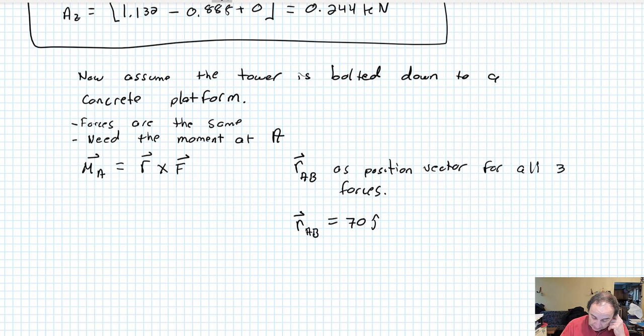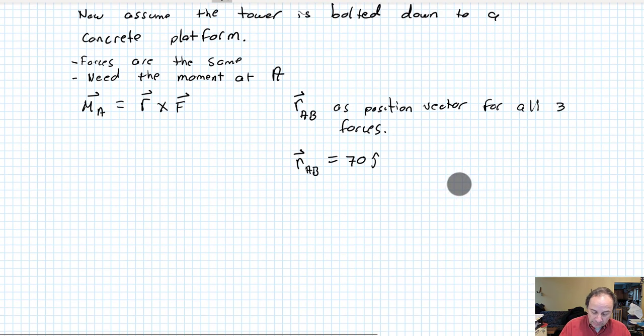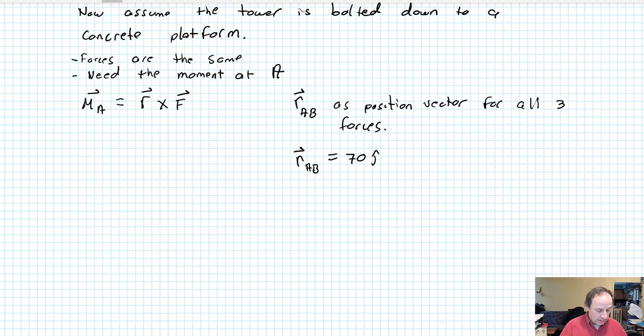So you can do this two ways. You can do R cross F for each force, or as I did in a previous problem, you can do R cross the sum of F, which is, I think, easier because you end up only doing one matrix. So let's rewrite for our particular problem. The sum of the moments about A is going to equal RAB, our position vector, crossed with the sum of the forces vector.